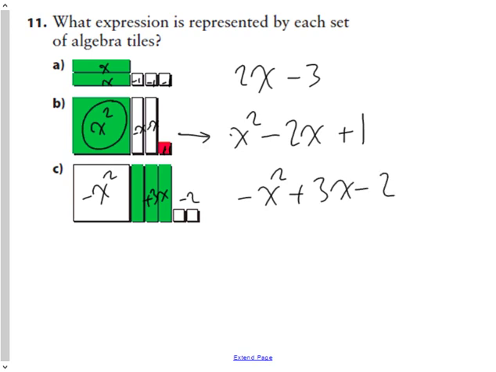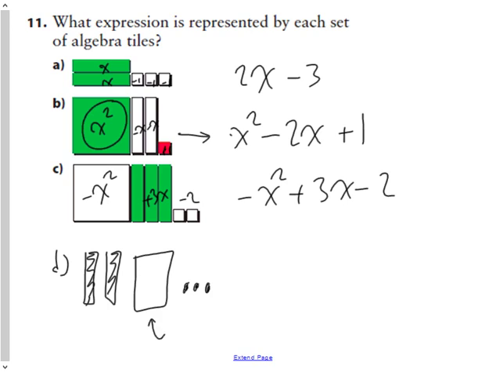Now, just as an extension question, let's just say I gave you this question and said, what is this polynomial? Well, this one here is your negative x squared, and it is the term of the 3 that you see there that has the highest degree.